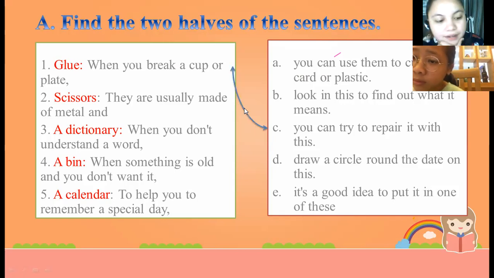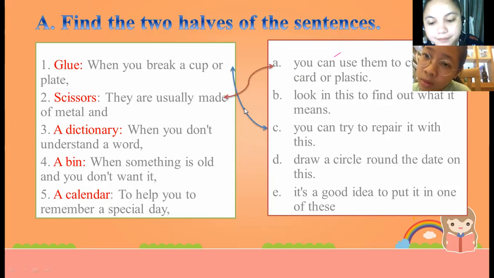Very good. Number two, they are usually made of metal and you can use them to cut thin card or plastic. Very good. Letter A.